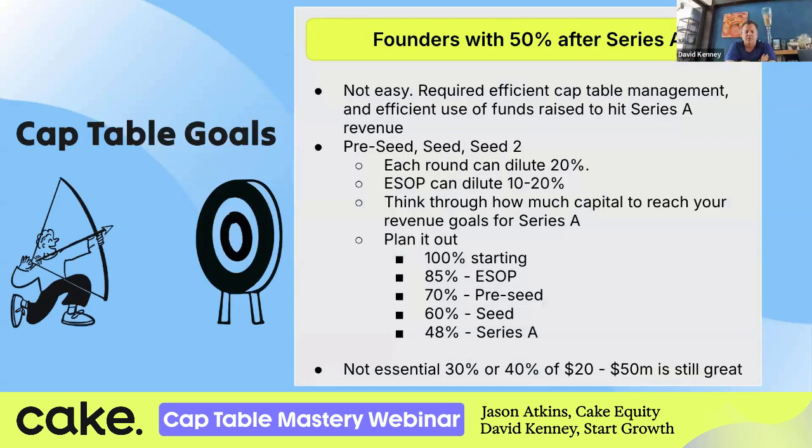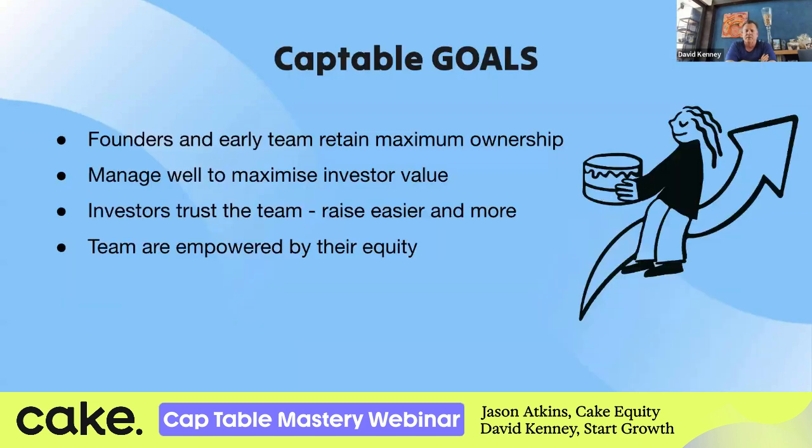And just the last point on that ESOP as well, Jace, is working out when to issue ESOP, how much to issue, because usually you're paying for it, so it's coming out of the founder's hide in terms of how it's allocated. So being in touch with what your team is going to look like, how they're going to build, being able to explain equity rather than in percentage terms, like saying, well, I've got 1% of a bloody apple, for example.